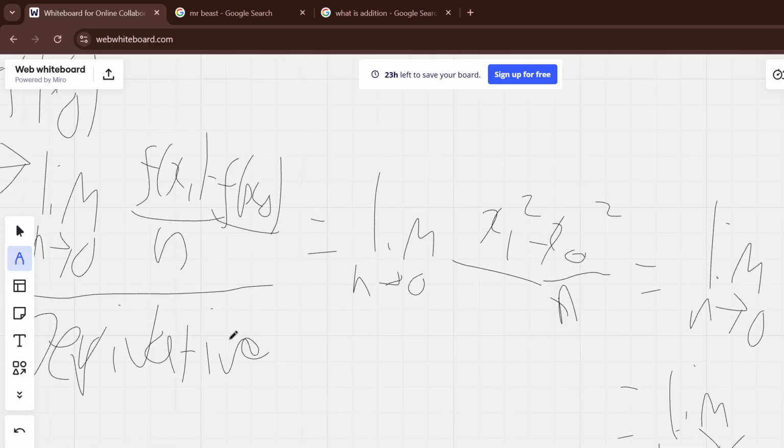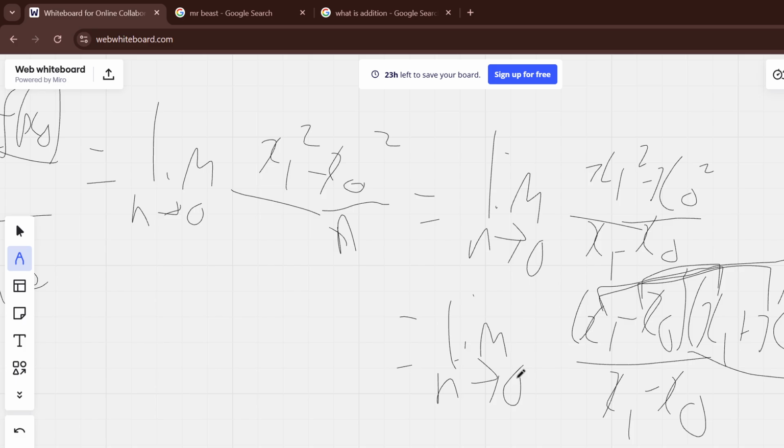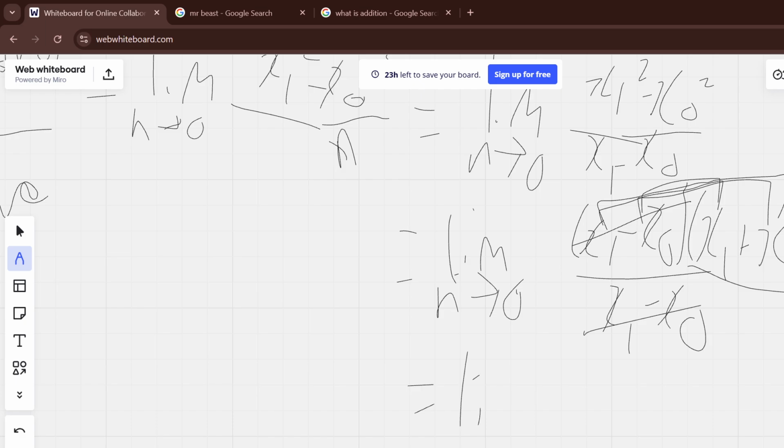We ignore the fact that x1 minus x0 is equal to 0. We just say it's approaching 0, right? And it's approaching 0. So let's divide this by x1 minus x0 on both sides. We get the limit as n approaches 0 of x1 plus x0 as the expression.